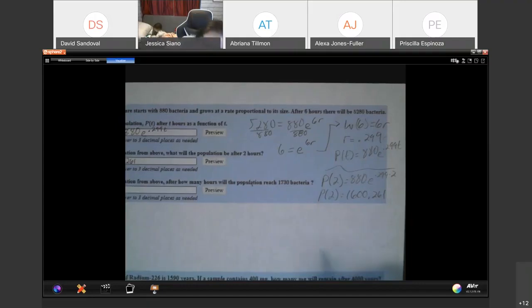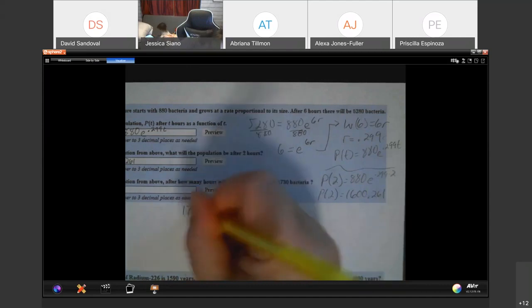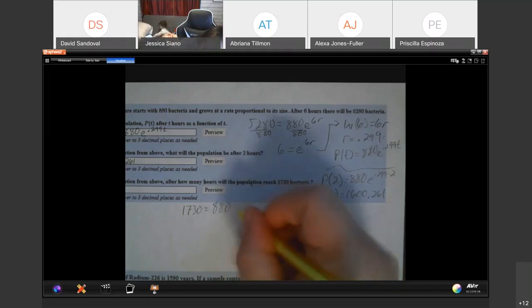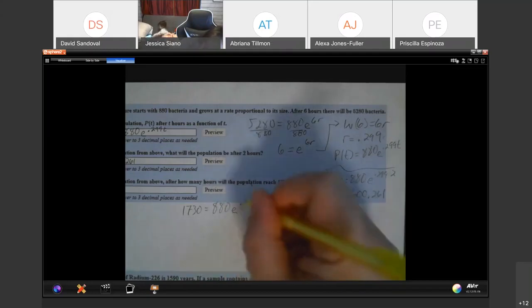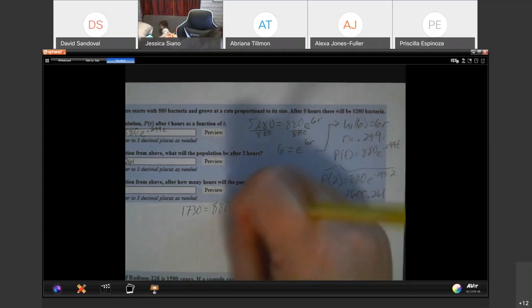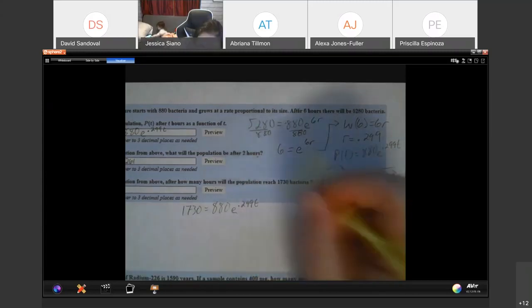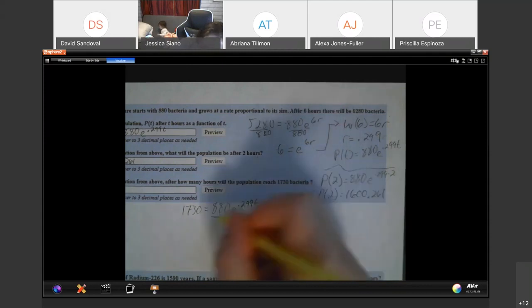And then how many hours will it take to reach 1730? So 1730 equals 880e to the 0.299t. Divided by 880.